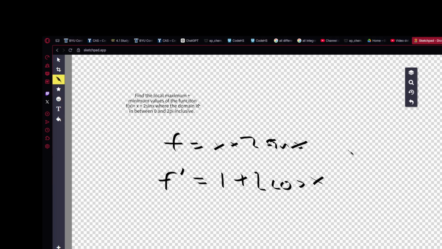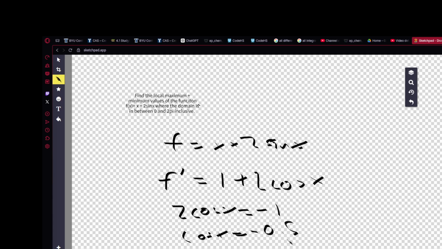Now, I can do this logically, but my teacher did it algebraically, but I can probably solve it a lot quicker without the unit circle visualization. So cosine x equals negative 0.5, and that would be when it's 45 degrees. Not 45 degrees, that would be when it's 60 degrees.